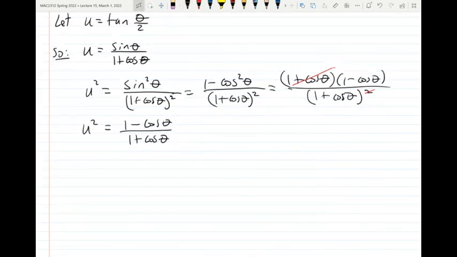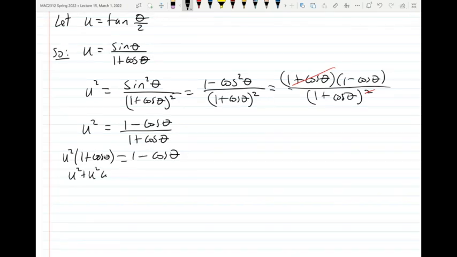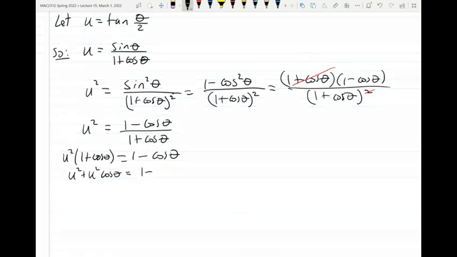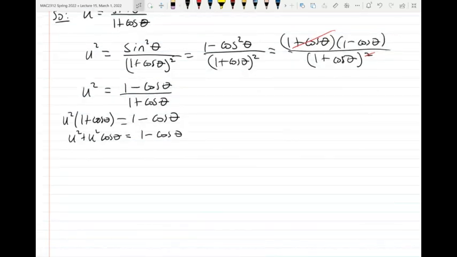We can solve for cosine now. So we get u squared times (1 plus cosine) equals 1 minus cosine. Distribute. Bring cosines to the left, whatever doesn't have cosine to the right. Factor out cosine.